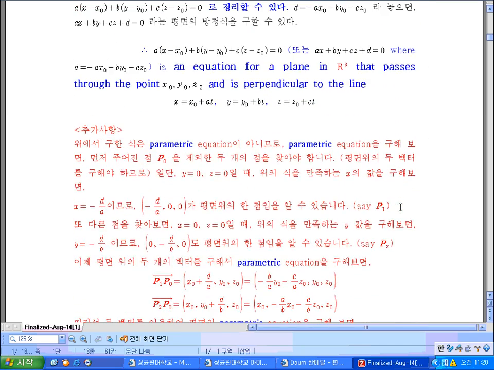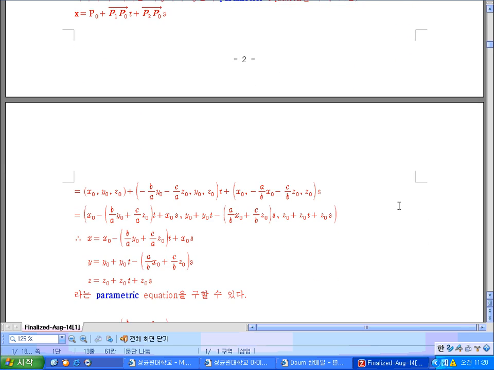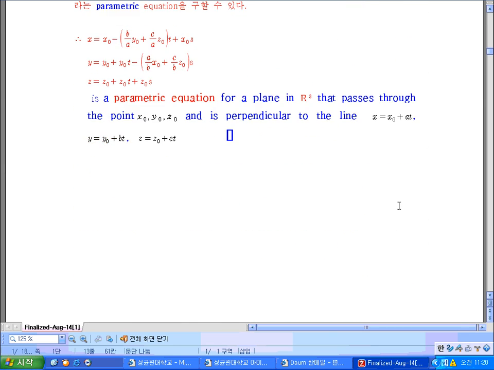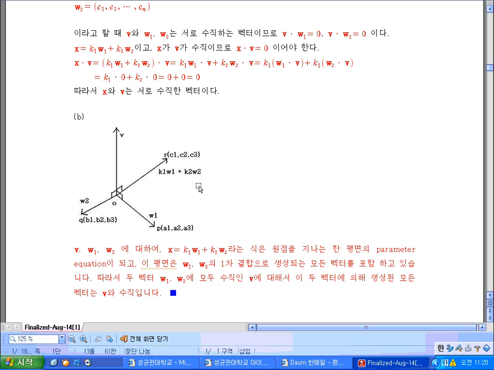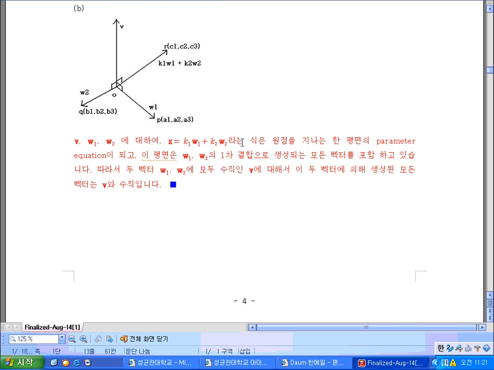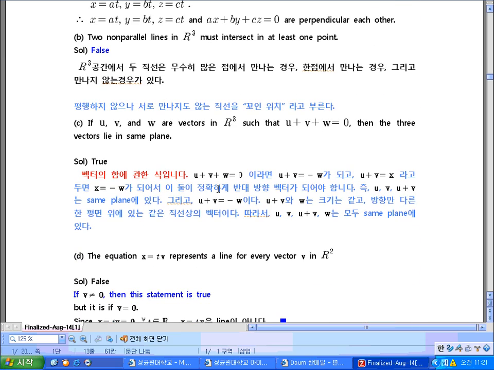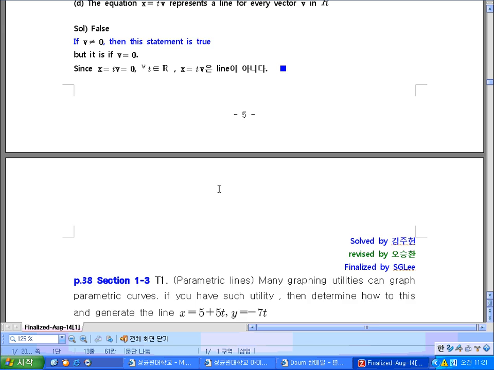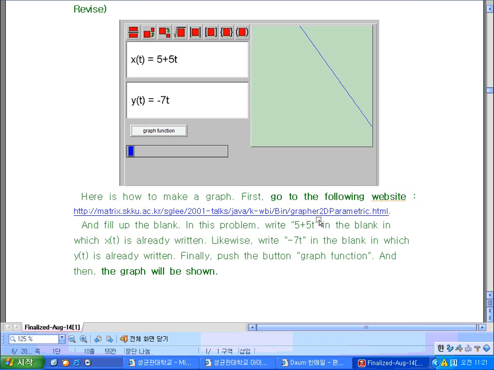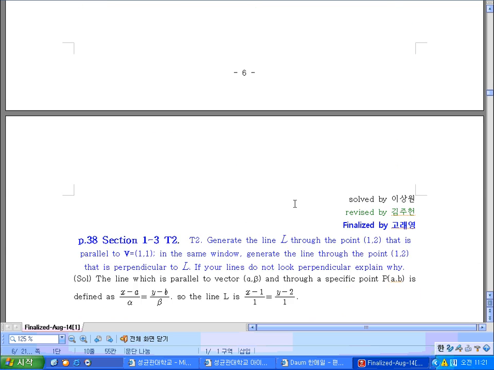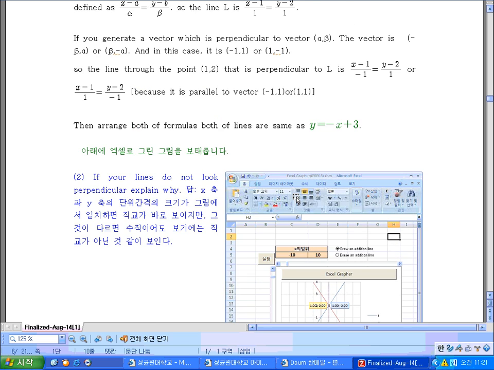Did you see? We can explain problems in many different ways, not only on the theory, but we can also visualize our proofs, and we can calculate mathematical computation and graphing with many tools such as Excel, Java, Sage, and Mathematica.